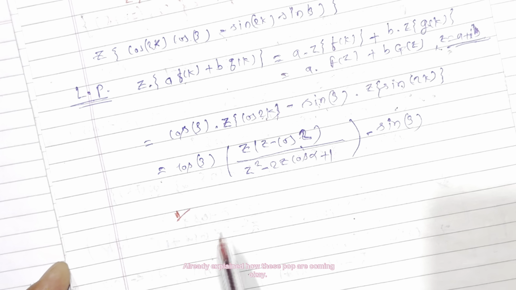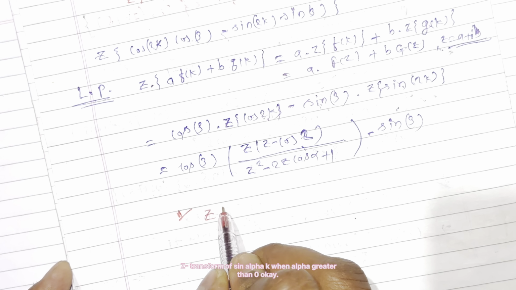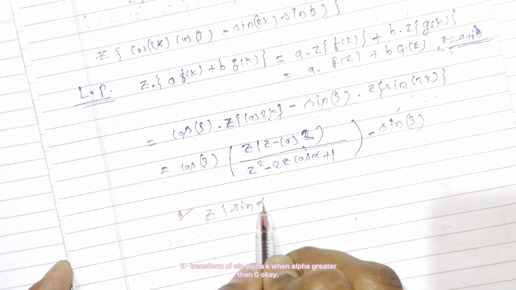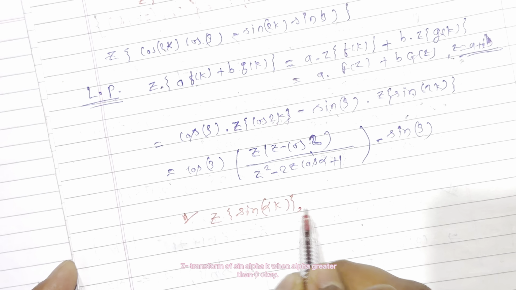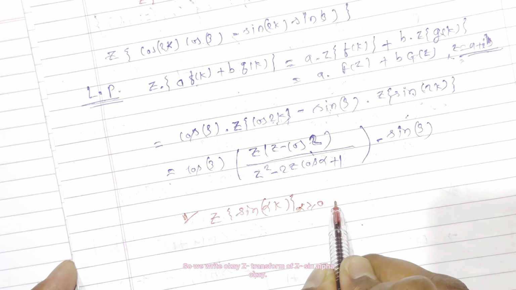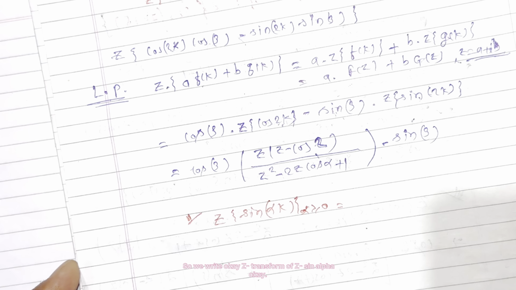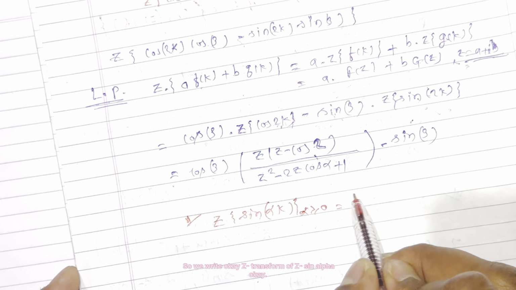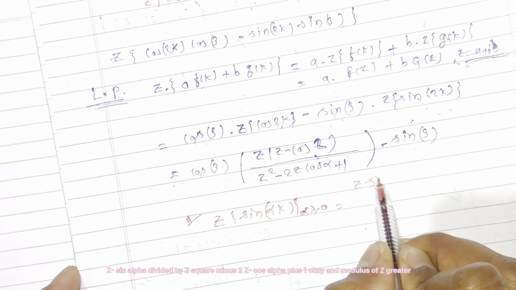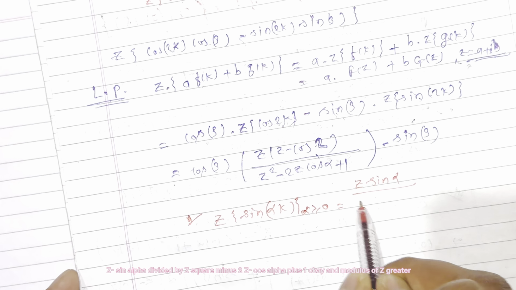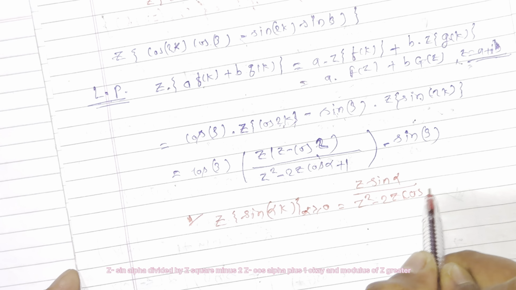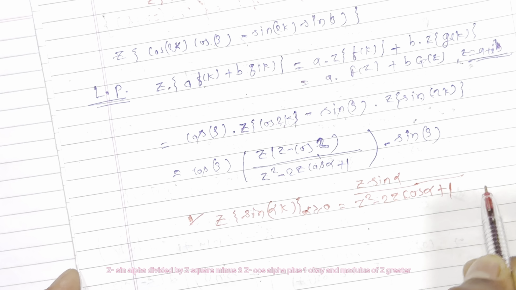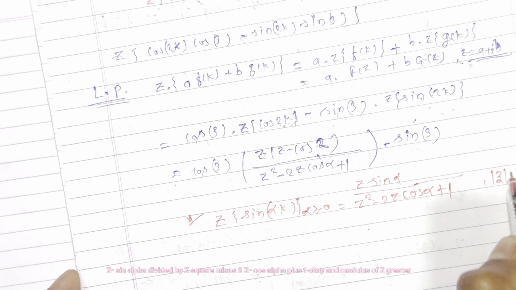I already explained how these come. The z transform of sin alpha k, when alpha is greater than 0, is z sin alpha divided by z square minus 2z cos alpha plus 1, with modulus of z greater than 1.